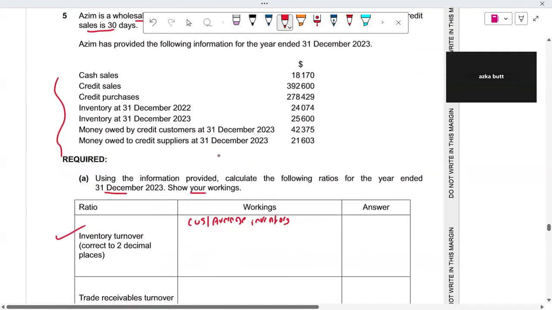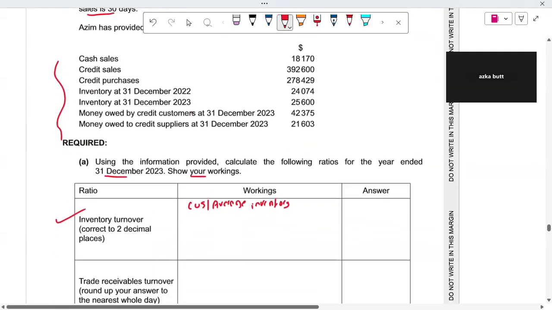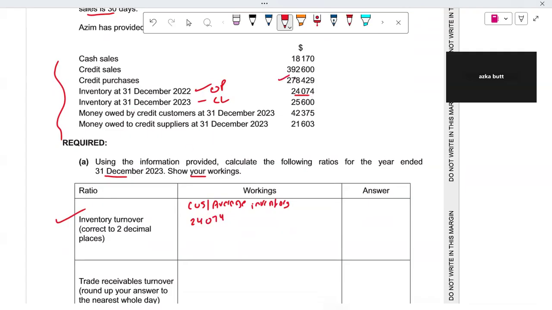So now let's see. Okay. So we have the opening inventory. This is the closing inventory. Okay. And this is 24,074. And carriage purchases are this, 278,429, plus 278,429 minus closing. Closing is this, minus 25,600.